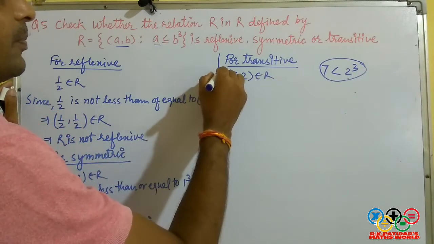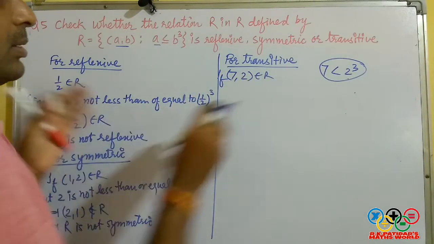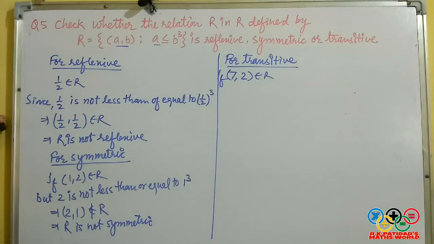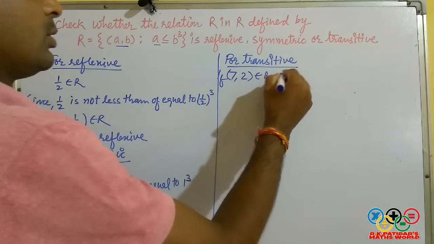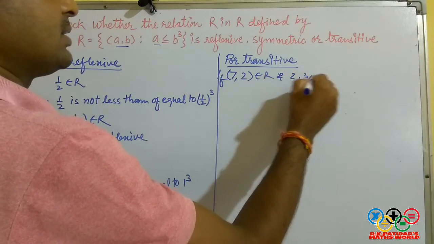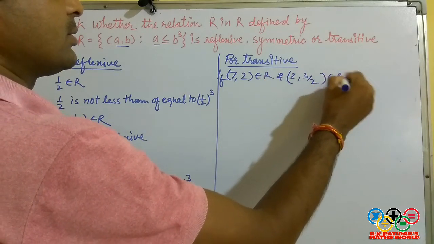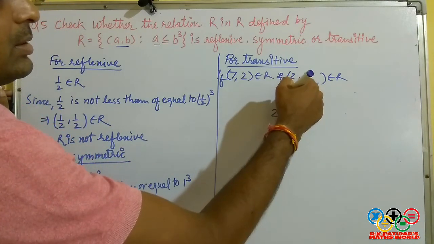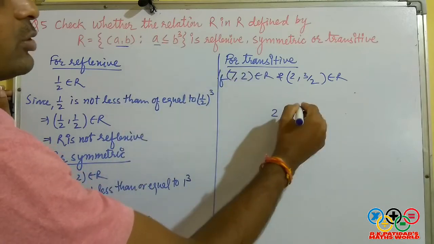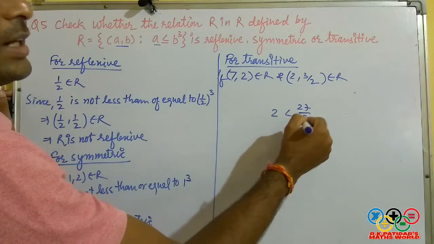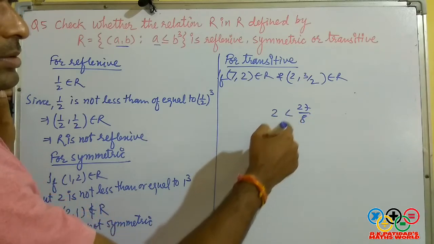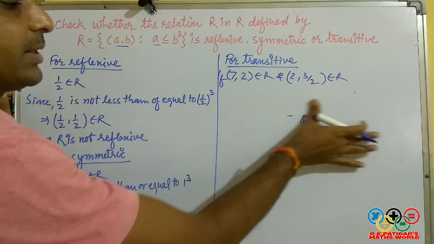Okay, ये satisfy कर रहा है. एक और हम लेते हैं (2, 3 by 2) belongs to R. Yes, ये भी satisfy कर रहा है. 2 is less than 3 by 2 cube. 3 by 2 cube means 27 by 8, और 8 3 is 24, तो 3 point something आएगा और this is greater than 2. तो satisfy कर रहा है.